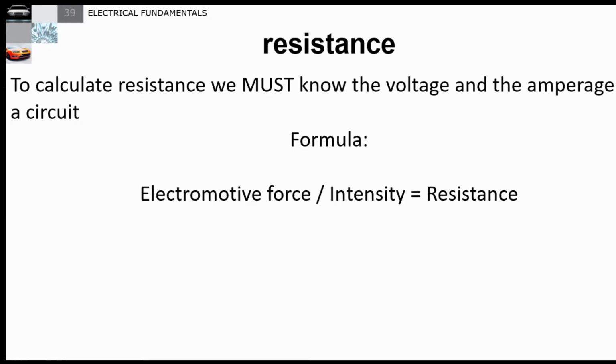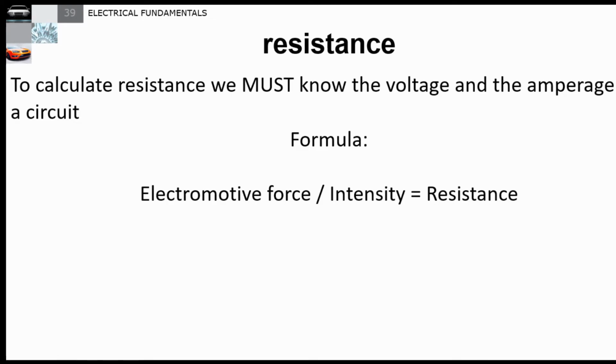To calculate the resistance, we must know the voltage and amperage of a circuit. So our formula for finding resistance is going to be the electromotive force, or voltage, divided by intensity, or amperage, and that is going to equal the resistance, okay, in ohms.